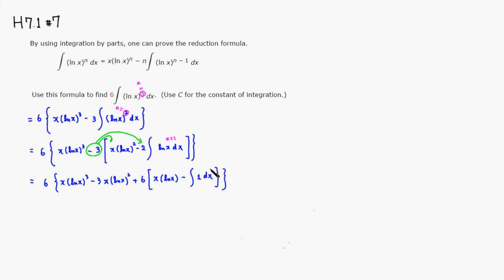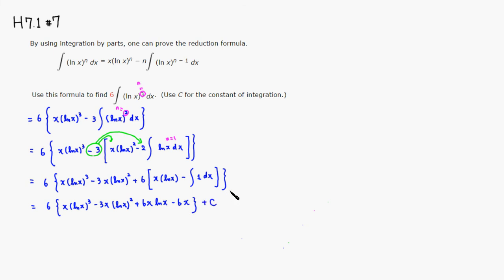Then we can clean it up. You have a 6 out here, curly bracket, and x natural log of x cubed minus 3x natural log of x squared plus 6x natural log of x, minus 6, the antiderivative of 1 is x. Since this is an indefinite integral, you have to have plus some constant.